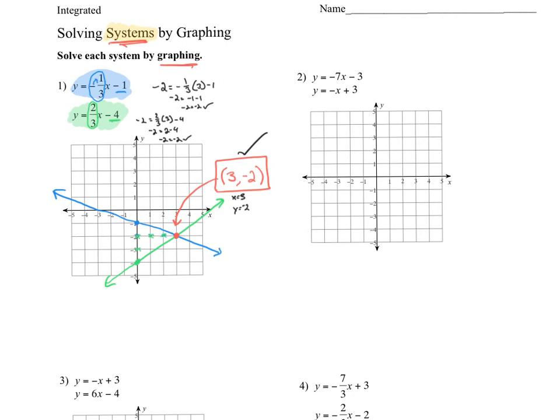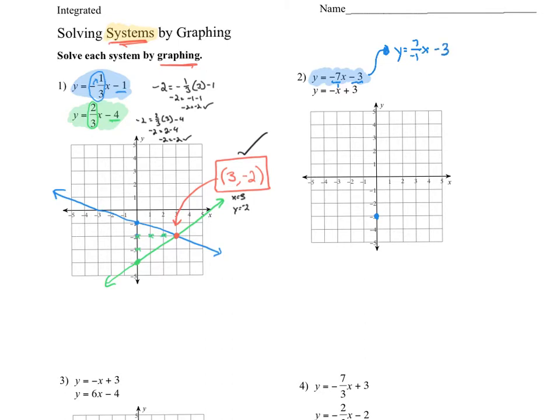Let's do another one. Why not? Looks fun. Let's do this one in blue. Let's go with the first one. It looks like we've got a -3, so put a point. It says -7. Here is where I'm going to change something. Instead of the -7 being on the top, I'm going to change it to y equals 7 over -1 x minus 3.